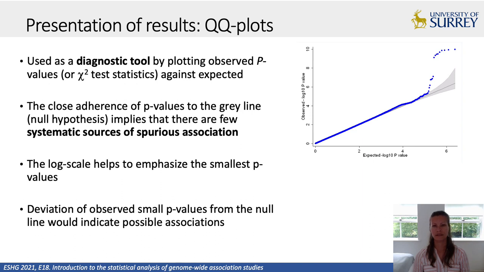But if there is deviation even with small values, then it indicates that there's some unaccounted population stratification that should be dealt with before proceeding with the analysis. Deviation at the larger values indicates some actual associations, as we can see in this example plot. So we see some low p-values as presented by the minus log p-value here.